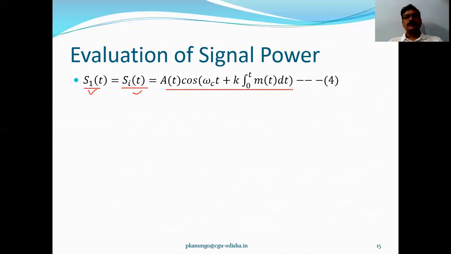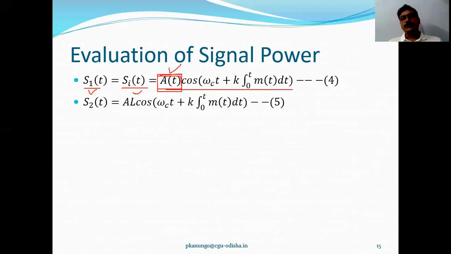that is A(t) cos(ωc t plus kf ∫m(t)dt). But here, because this A(t) is varying, we are assuming that the noise is present there. So now after the IF filter, there is a limiter. So it will fix that value.